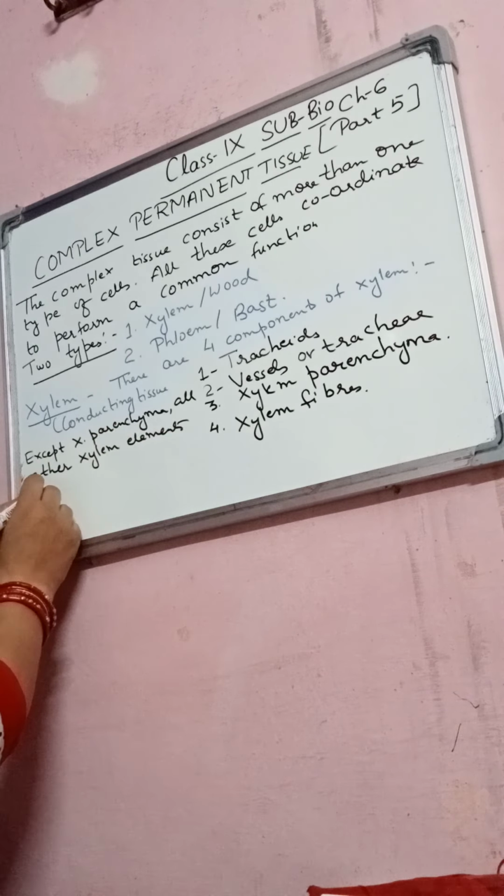Right students? So tracheids are elongated cells with tapering ends and they conduct water. Tracheids do not have open ends like vessels. If you see the diagram of the vessel, it is a tubular structure. Look at the diagram of the vessels. This is the tubular structure.